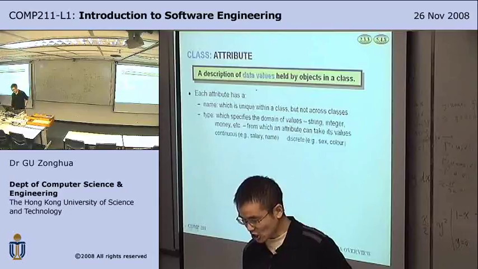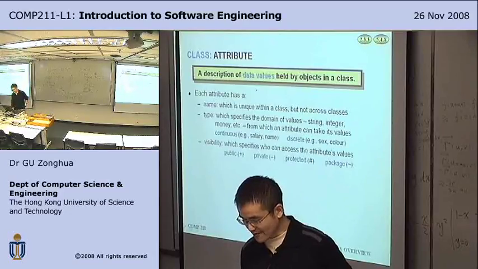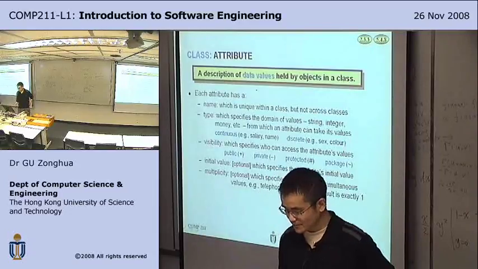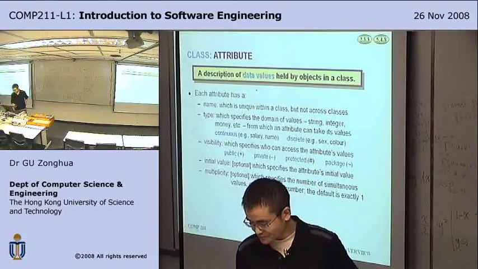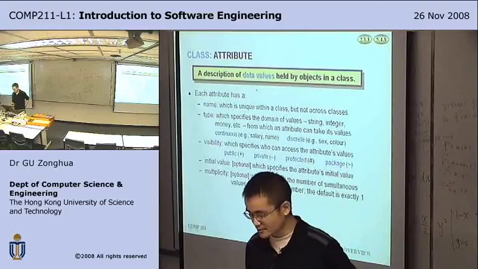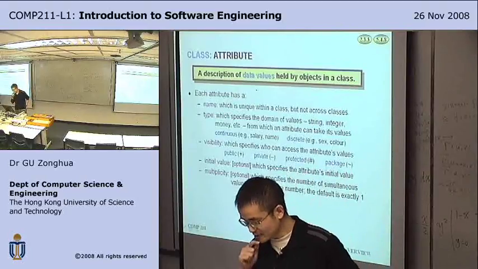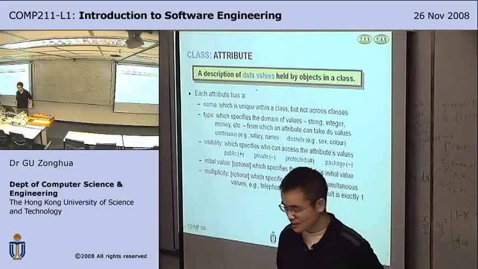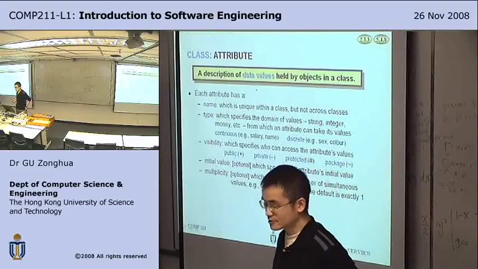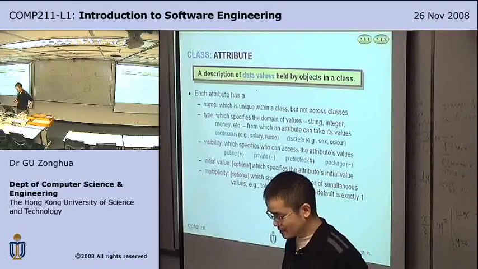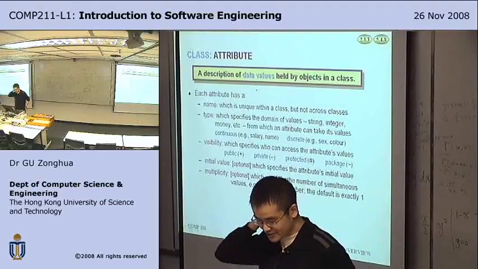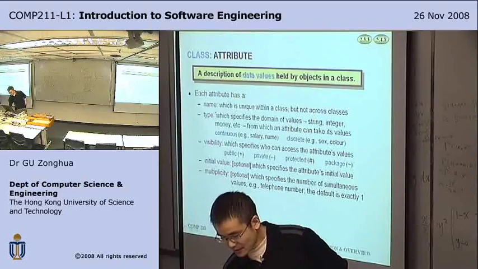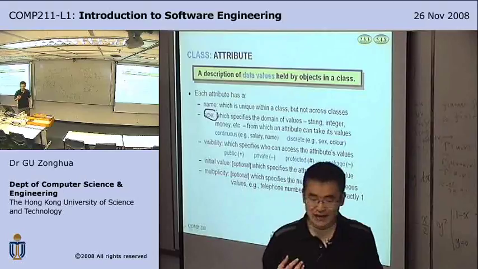So an attribute has a name, type, visibility, initial value, which is optional, multiplicity. That is the number of simultaneous values. A person may have two or more telephone numbers. So if a telephone number is an attribute, you can have 2 or 3 as the multiplicity, or you can have 2 or 3 separate attributes. Each one has multiplicity 1. It's a design decision. So the type here doesn't have to be programming language types.